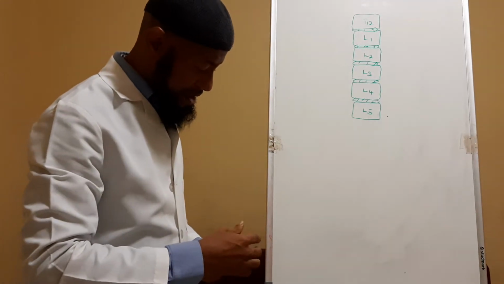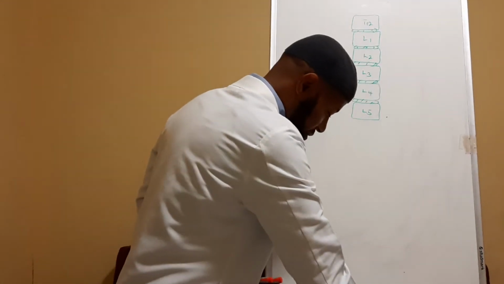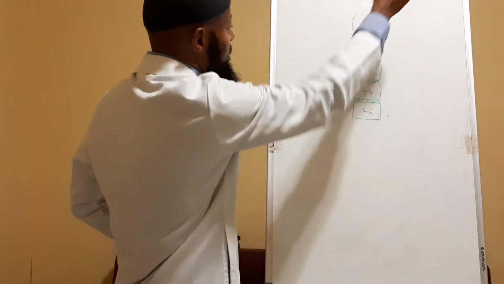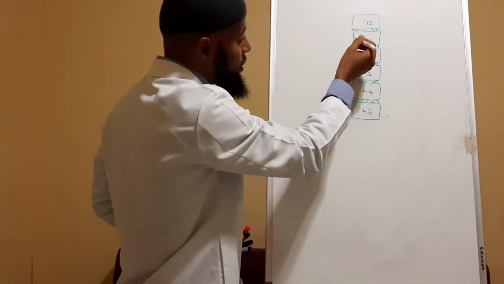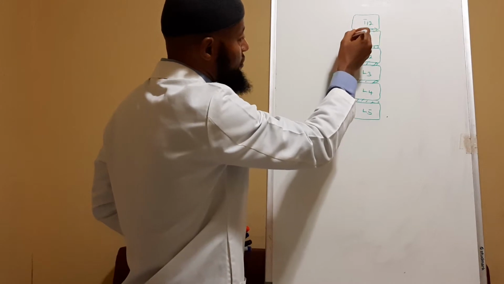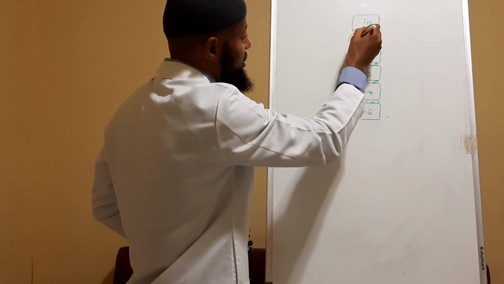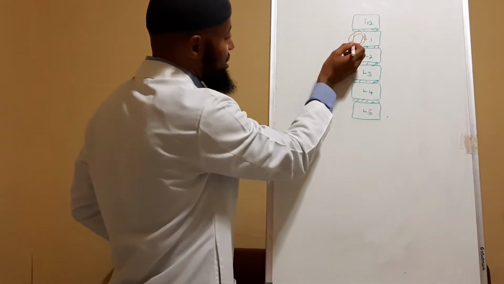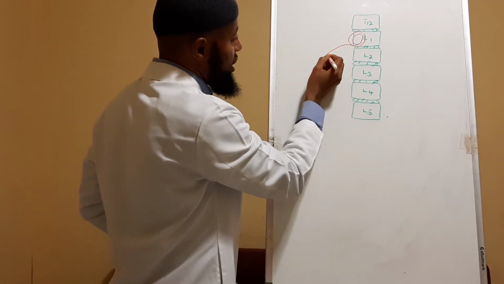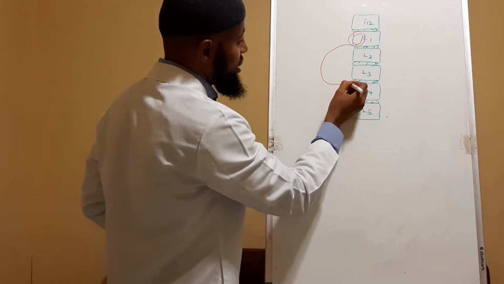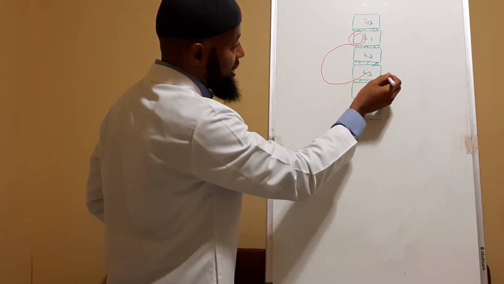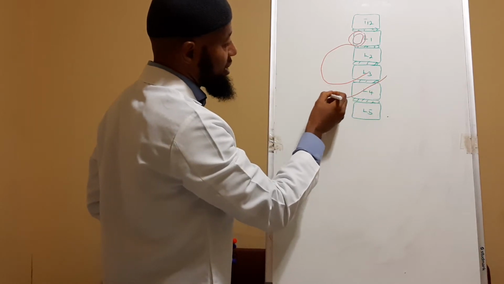So let us have this. Let's bring out the outline of our duodenum. The duodenum extends from the level of L1, and it extends all the way down, passing L3 and L4, and you have that as your duodenum.